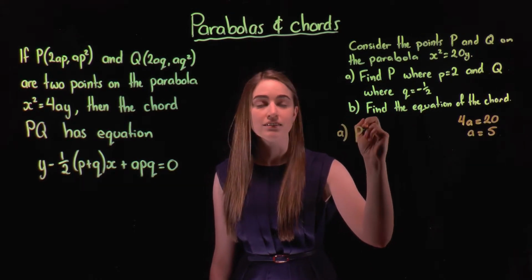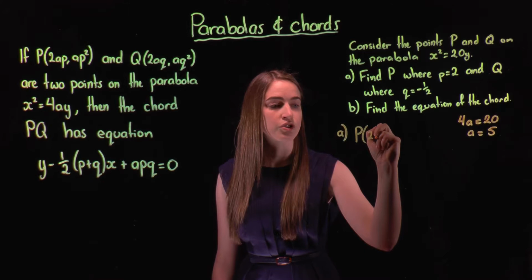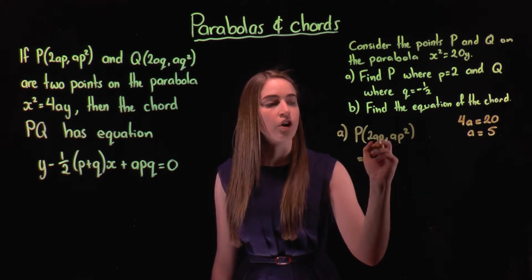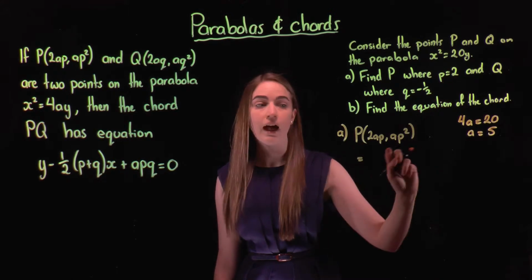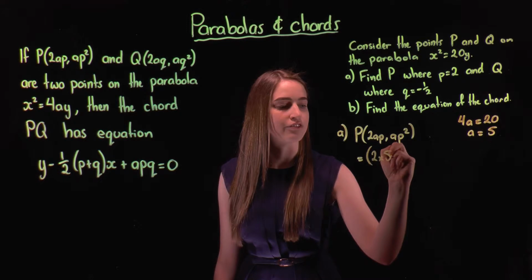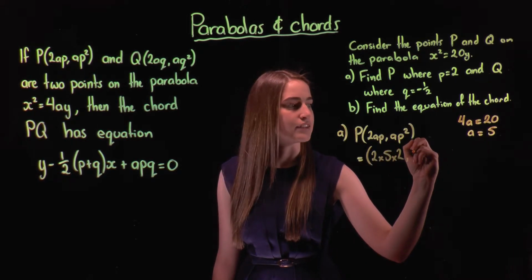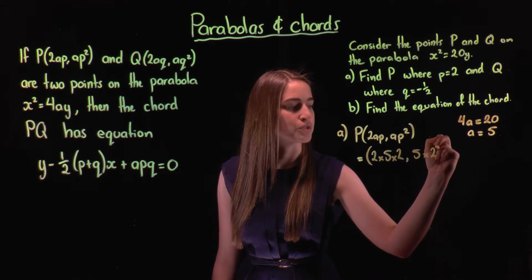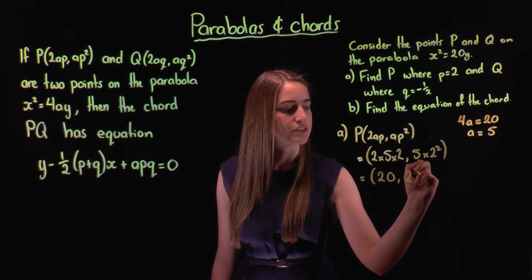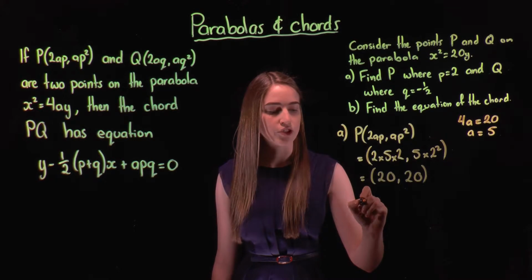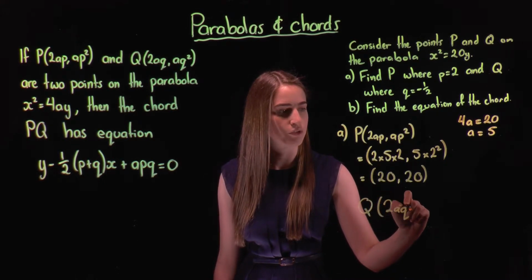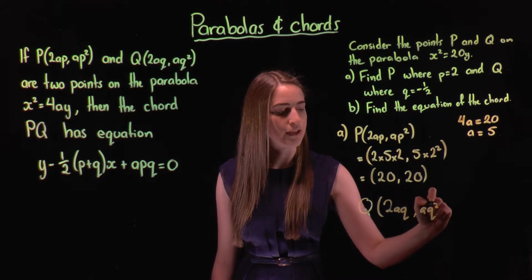We know that P is going to have coordinates 2ap, ap squared. So we know that lowercase p is 2, and we know that a is 5. So that's going to be 2 times 5 times 2, and 5 times 2 squared, which is going to give us 20. Now for Q, we're going to have the same sort of pattern, so 2aq, aq squared.